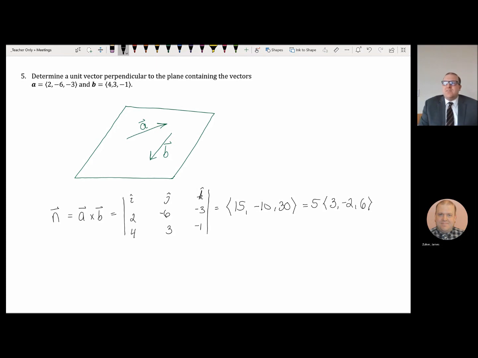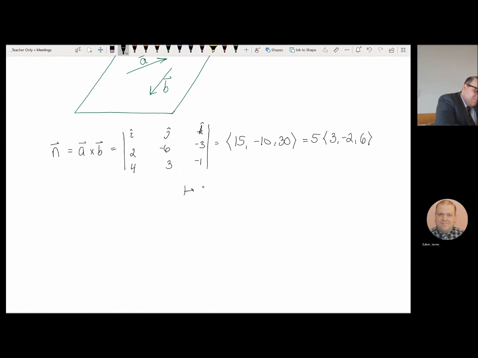This 5 is only changing the magnitude; it's not affecting the direction. So if we just drop that 5, we still have a perpendicular vector. So here's the vector I'm now going to work with. It just makes making it a unit vector easier.